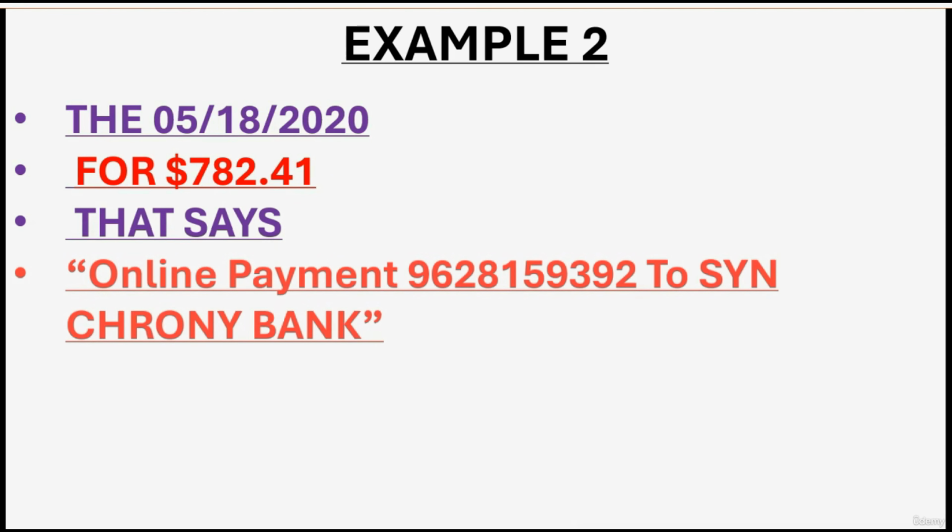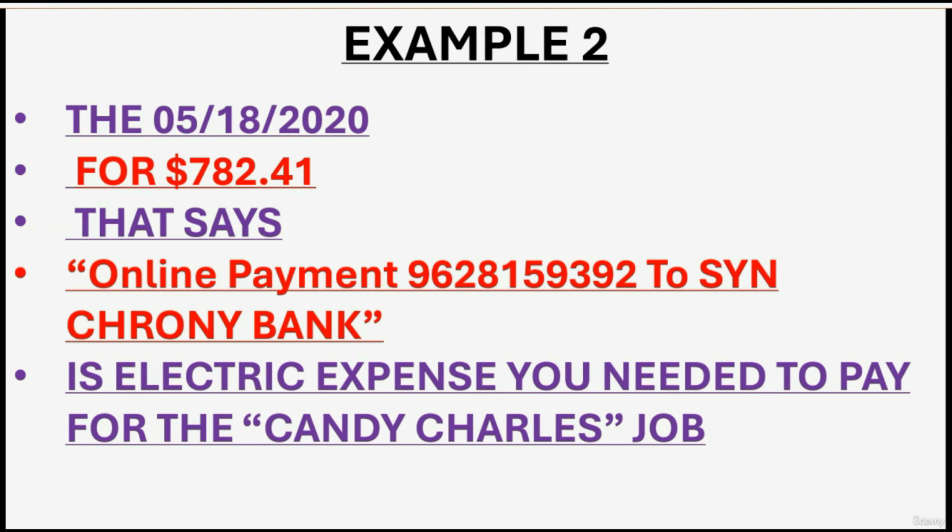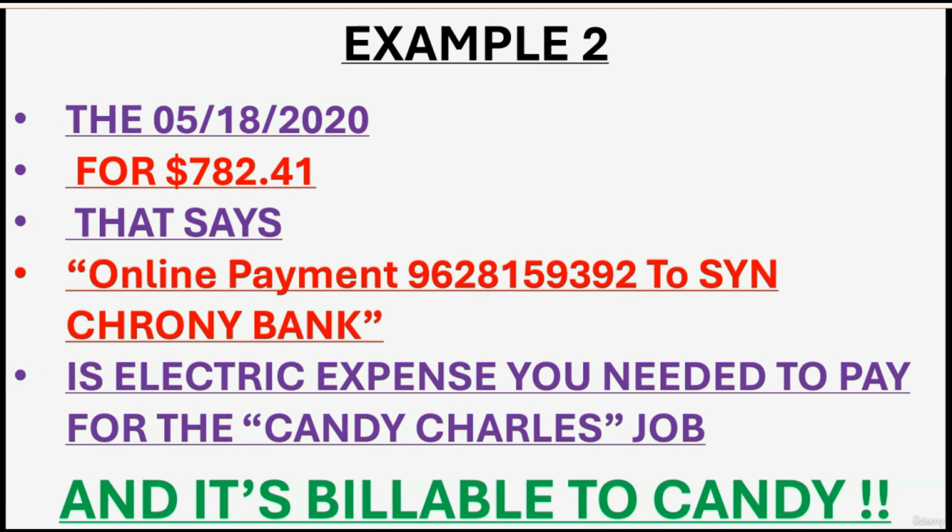Let's imagine the transaction on May 18th, 2020 for $782.41 that says in the text field, online payment number blah, blah, blah to Synchrony Bank, is actually for electric expense that we need to pay for customer Candy Charles and doing one of the jobs for her. So we can actually track this to the customer, but in addition to that, it's also billable to Candy. So we're going to have to mark it billable, and we'll see what that does.